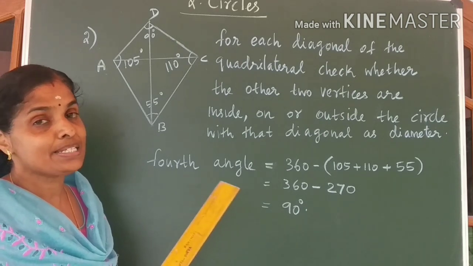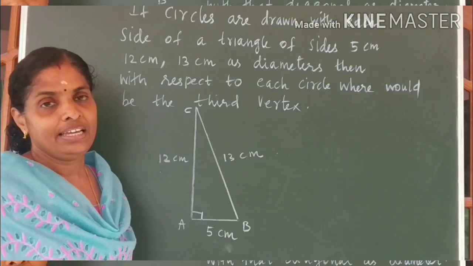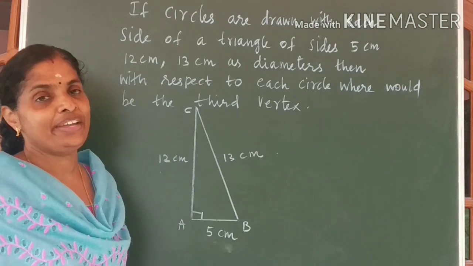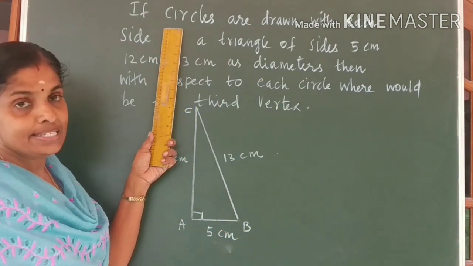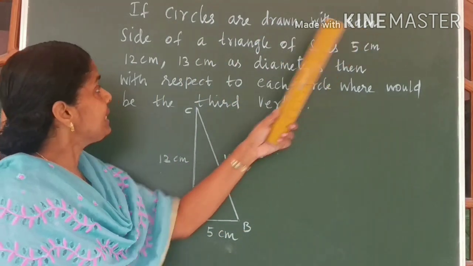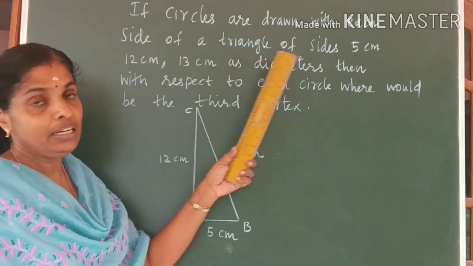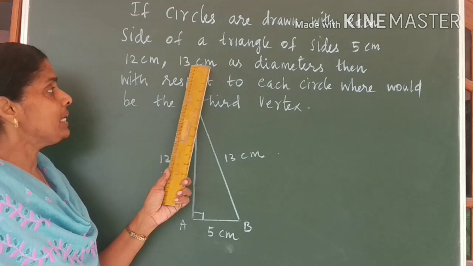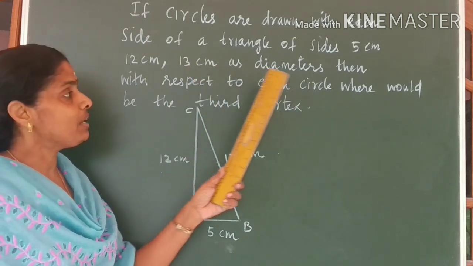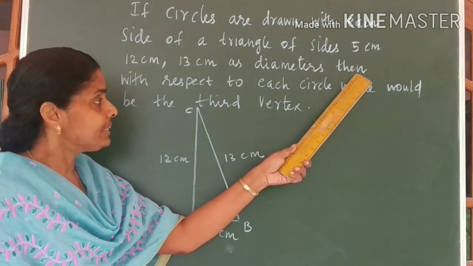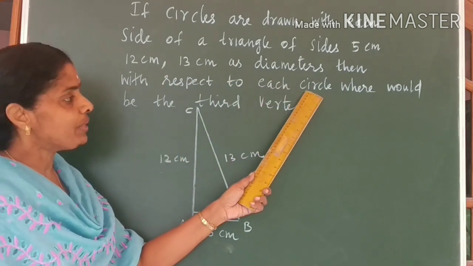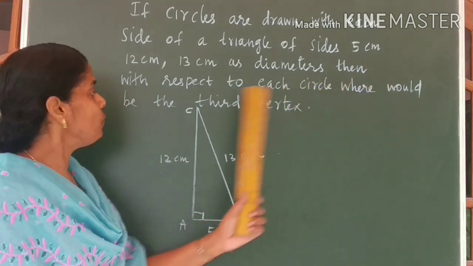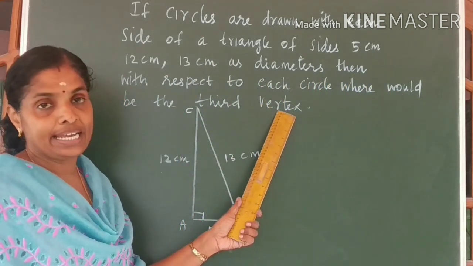We will discuss just one more question. Look at the last question, children. If circles are drawn with each side of the triangle of sides 5 cm, 12 cm and 13 cm as diameters, then with respect to each circle, where would be the third vertex?